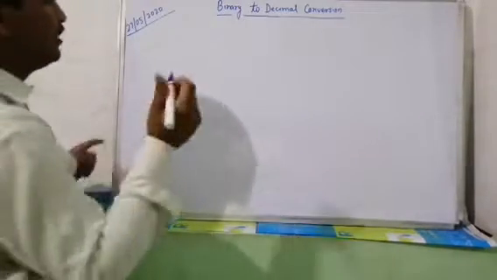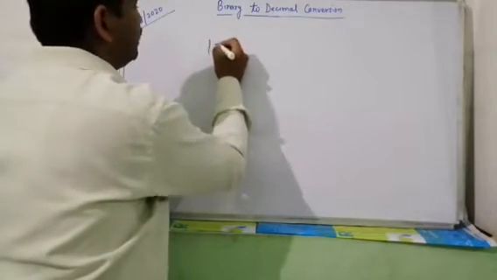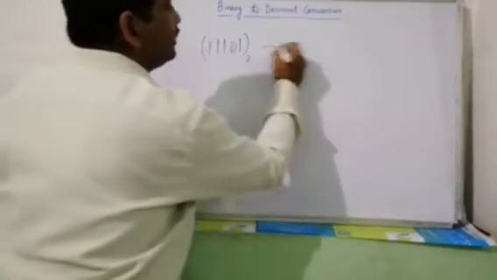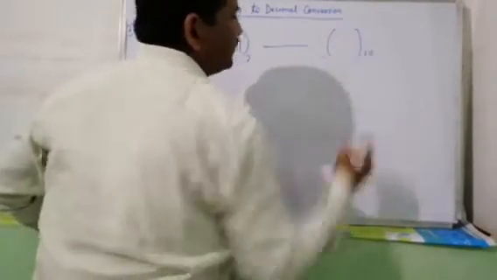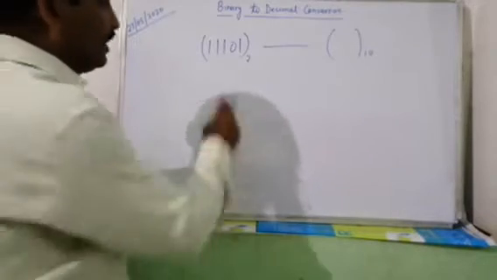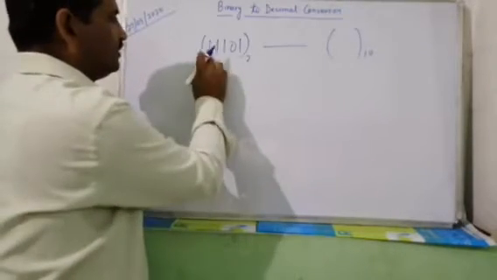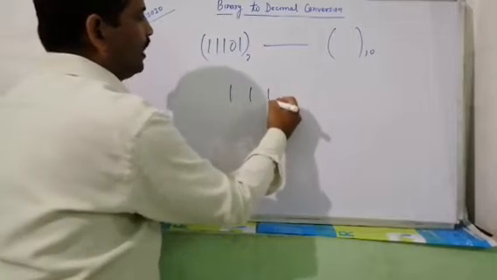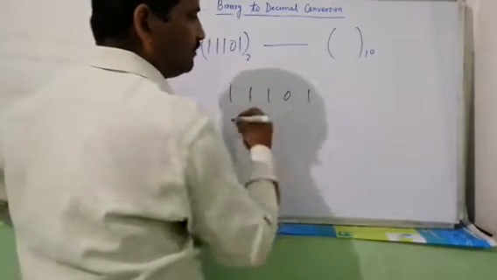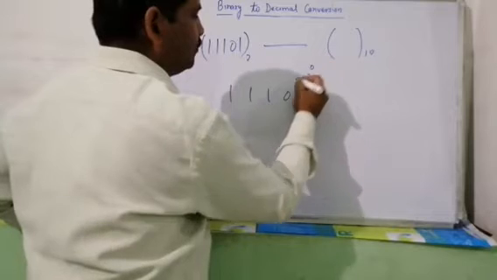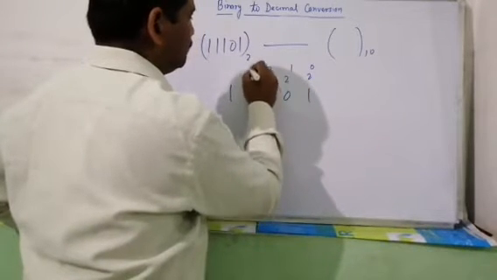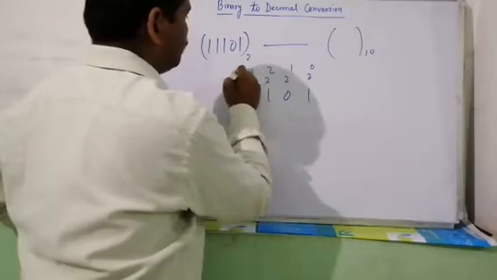Assume that we have to convert this number 11101. This is the binary. We have to convert it into decimal. So we have to start from this, the first one. 11101. This is 2 to the power 0, 2 to the power 1, 2 to the power 2, 2 to the power 3, 2 to the power 4.